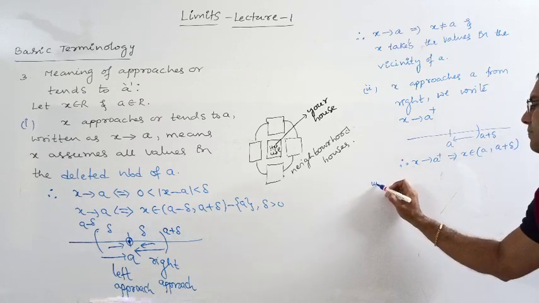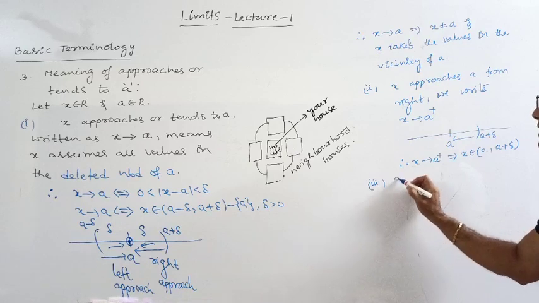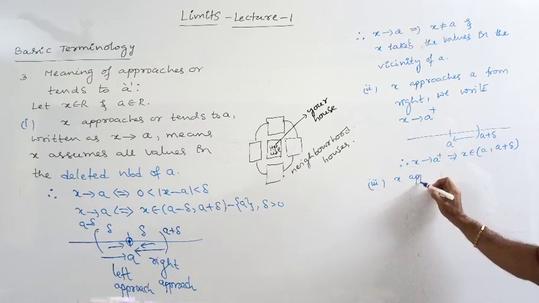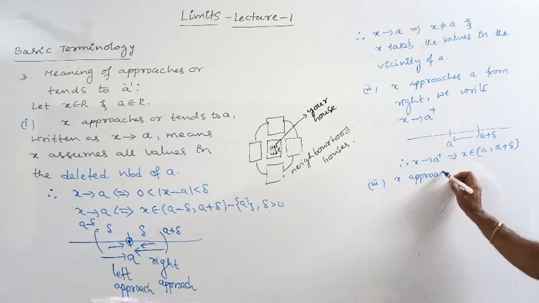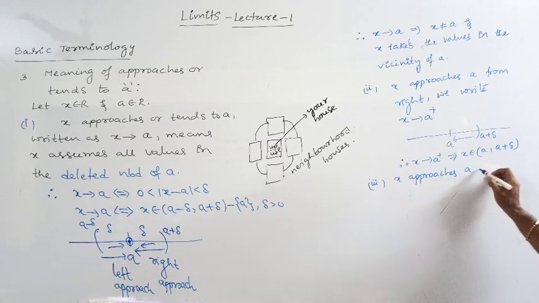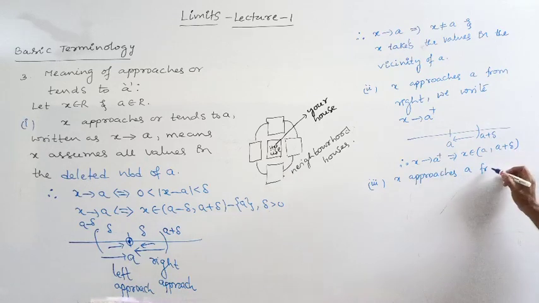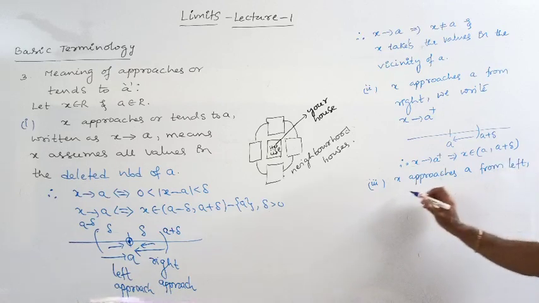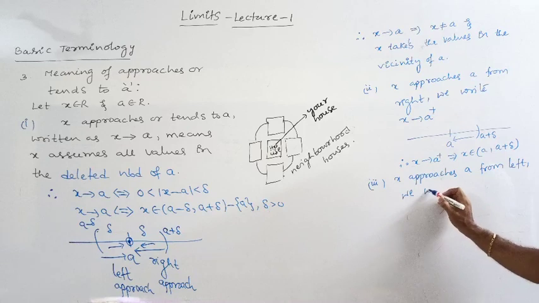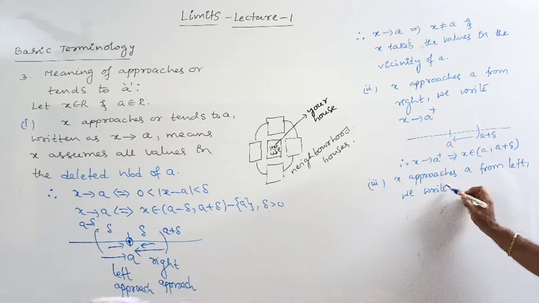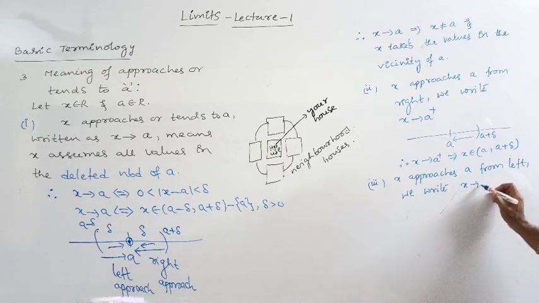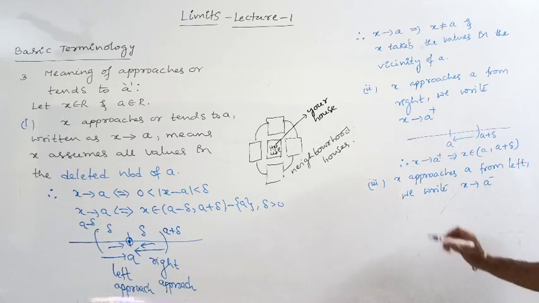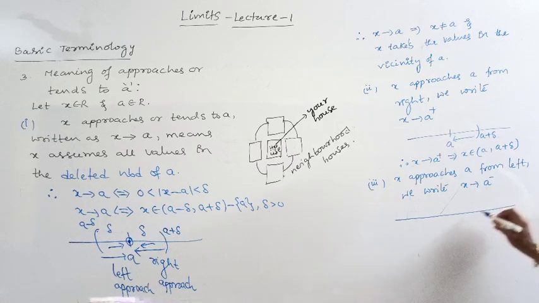Similarly, X approaches A from left, we write X tends to A minus. Here I am drawing the line also.